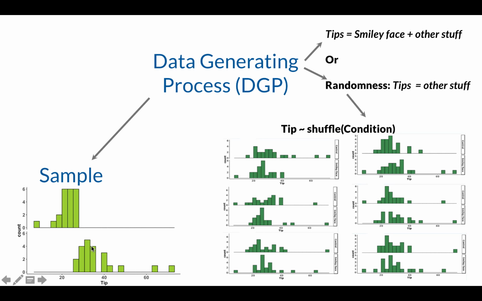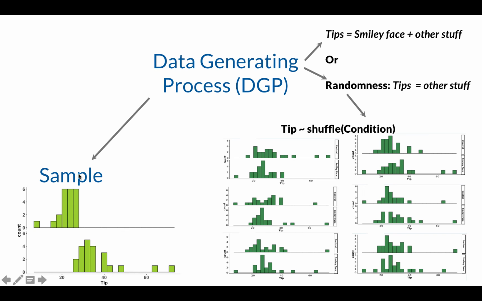It's possible, but it's not likely. It's very hard to shuffle this pattern of data. Most shuffles look like this kind of pattern of data, where some of the high tips end up in this condition, and some of the high tips end up in this condition. Some of the low tips end up in this condition. Some of the low tips end up in this condition.